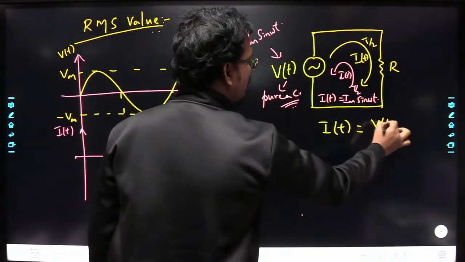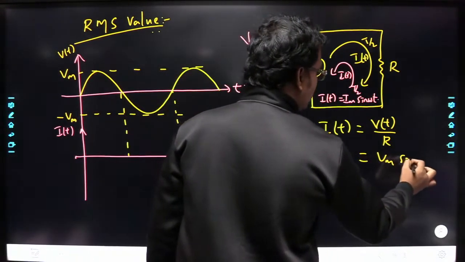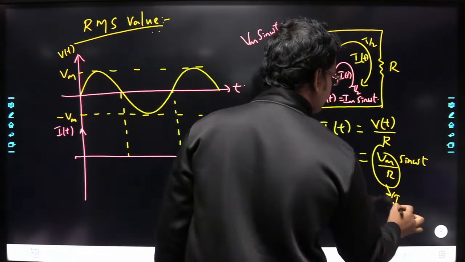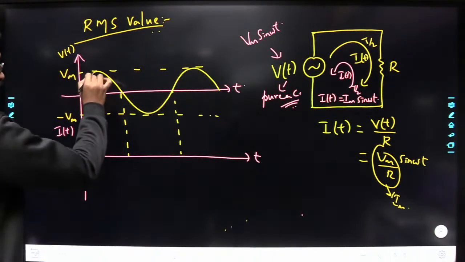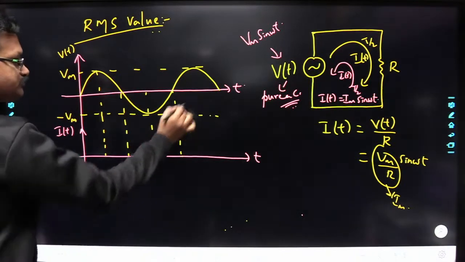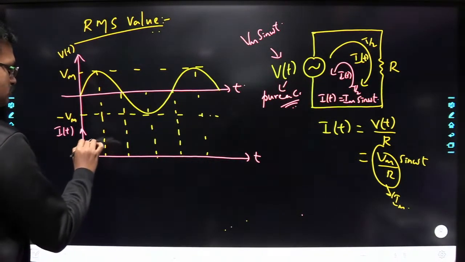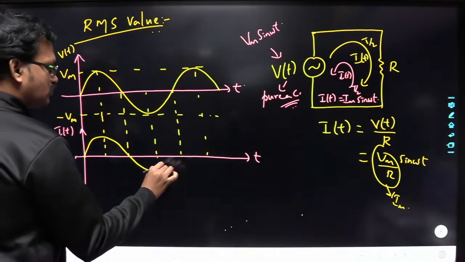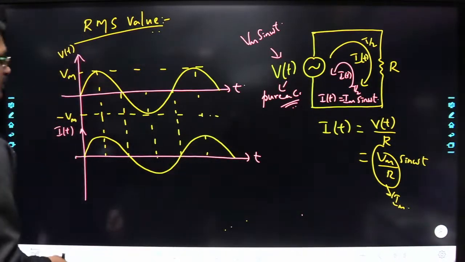It is equal to V of t by R, that is Vm sin omega t by R. Here Vm by R I am replacing with simply Im. So Im sin omega t. So I am representing the same here. So you are going to get some signal like this, right?